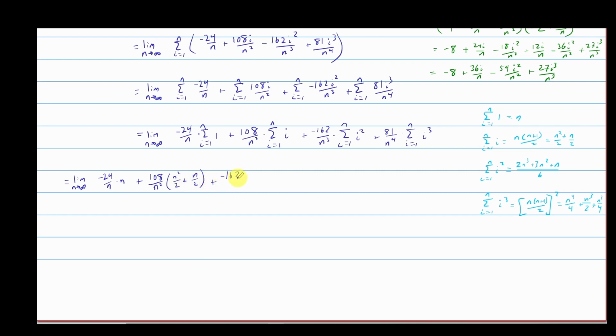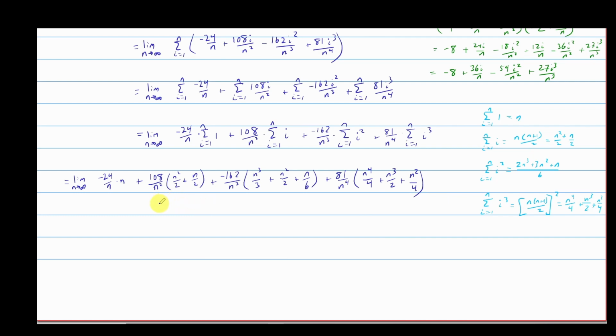And I have a negative 162 over n cubed times, if I write this as 3 separate fractions, n cubed over 3 plus n squared over 2 plus n over 6. And finally, we have the 81 over n to the fourth times n to the fourth over 4 plus n cubed over 2 plus n squared over 4.